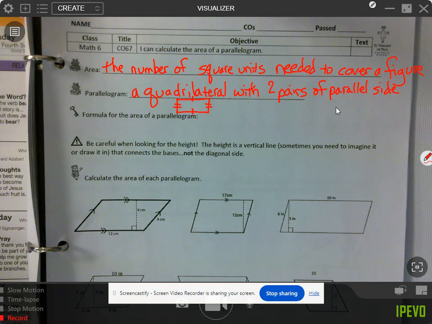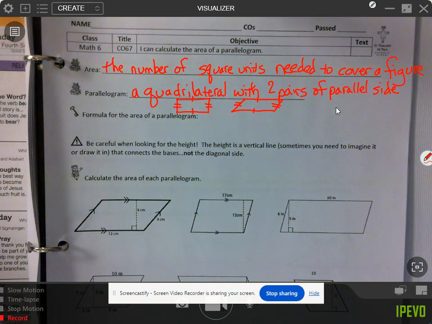Not all parallelograms look like a rectangle. It could look like this. So this side and this side are parallel, and these two end sides are parallel. If we continued them going straight, they would never cross, so they are parallel.